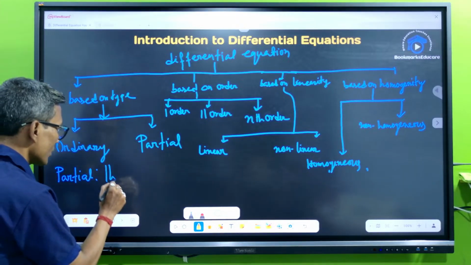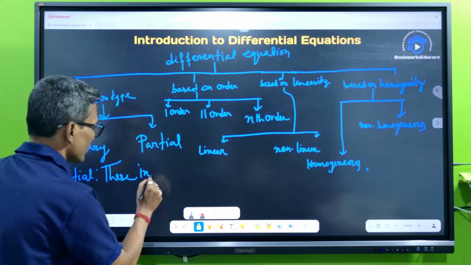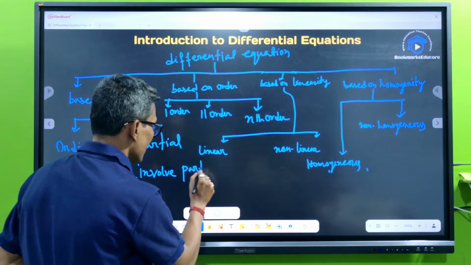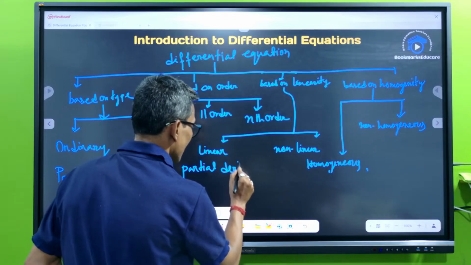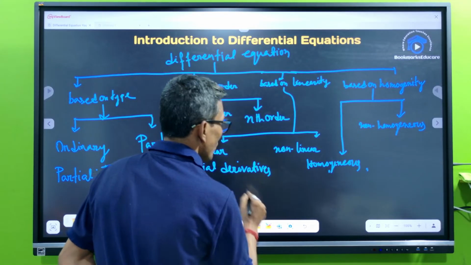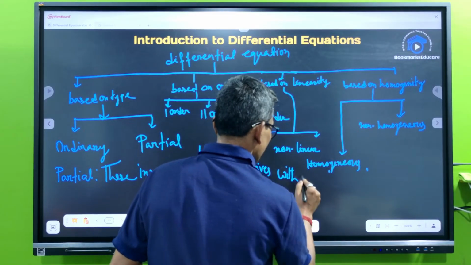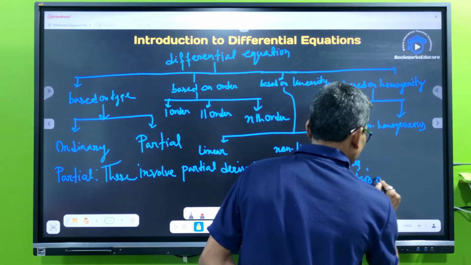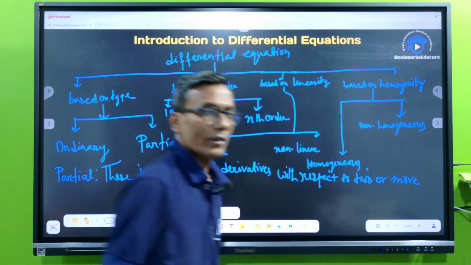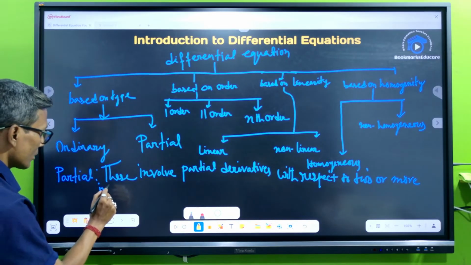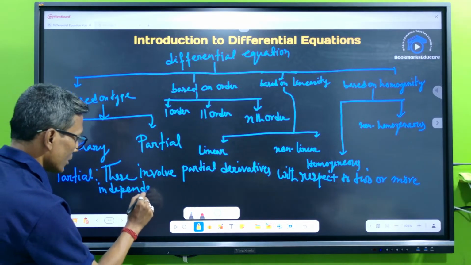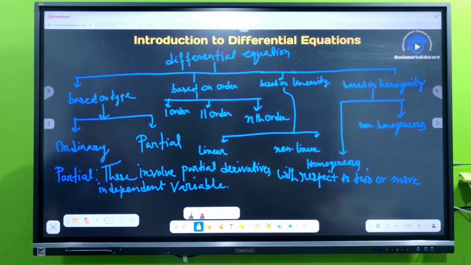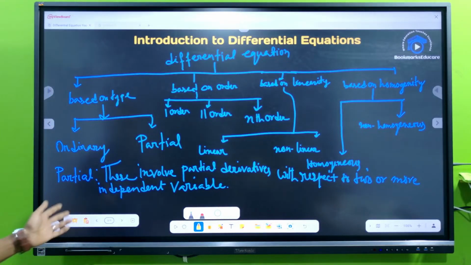This involves partial derivatives with respect to two or more independent variables.